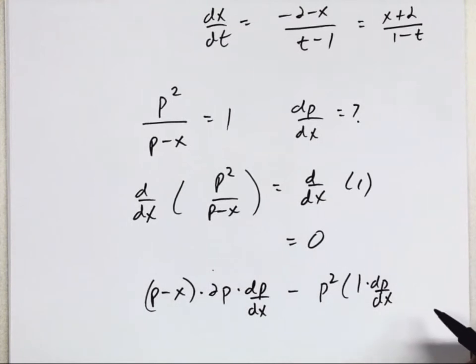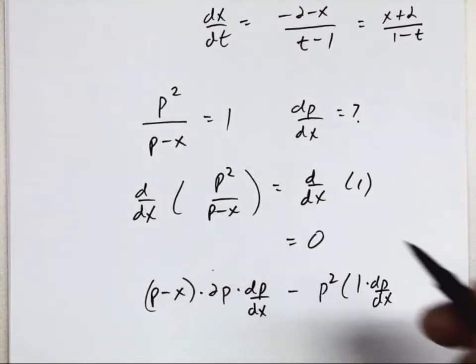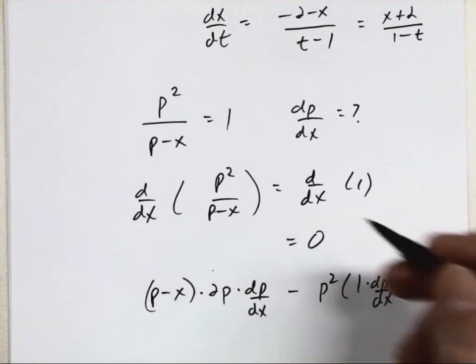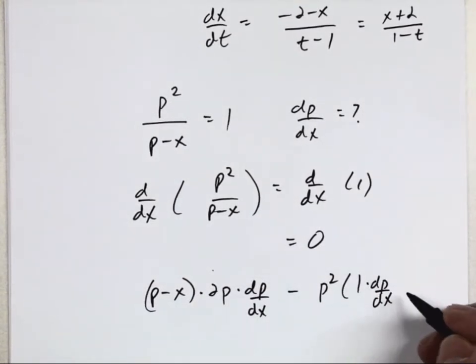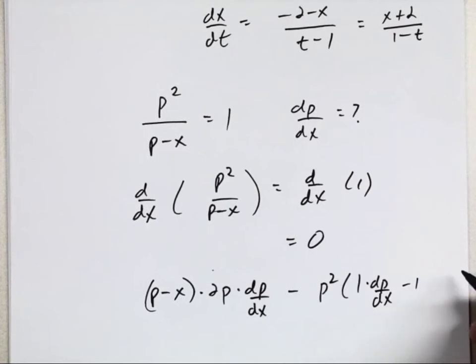So once again, I'm looking at the derivative of p minus x. Now the derivative of x with respect to x is just negative 1.